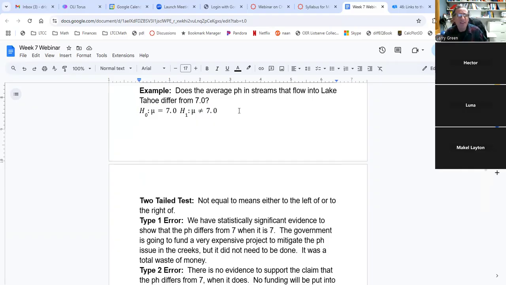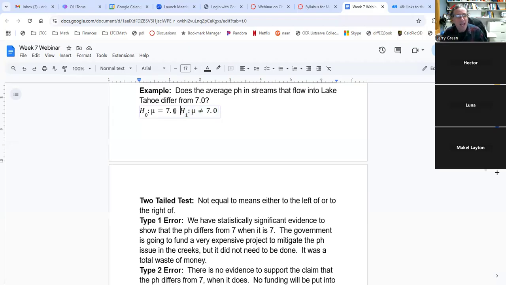Okay, let's look at the type 1 and type 2 error. A type 1 error means that we have statistically significant evidence to show that the pH differs from 7 when it really is 7. So we rejected the null hypothesis and said, hey, the pH is not 7, but it really was 7.